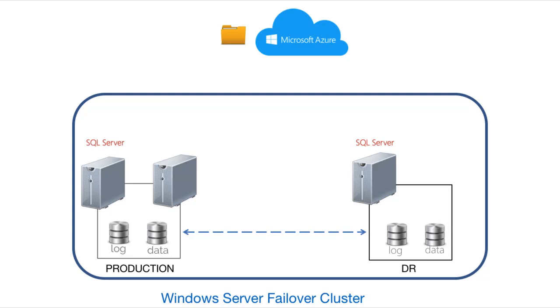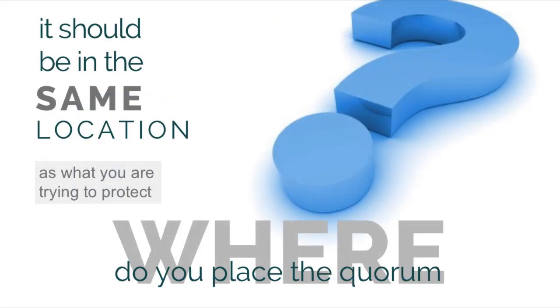But as far as I'm concerned, that's really not practical. And so I usually place the file share witness, or in this case the quorum type, in the same location as what I'm trying to protect. Because if that location goes offline, I've got bigger problems to deal with.